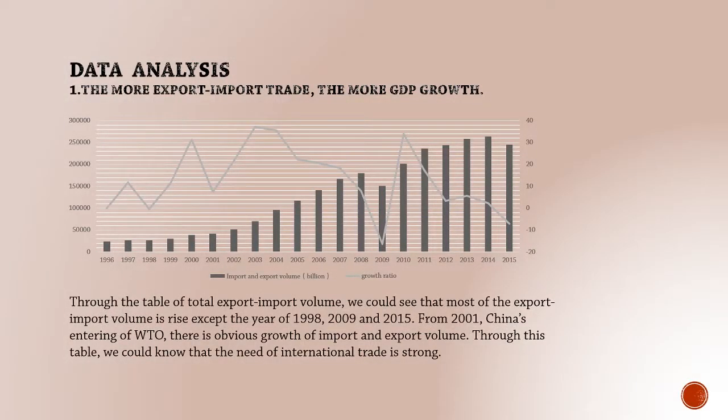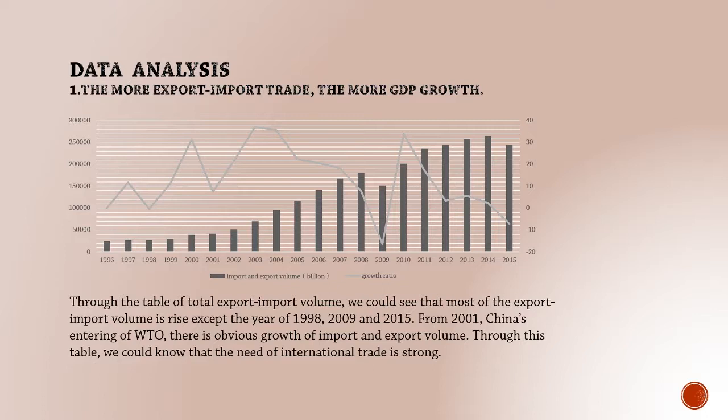Next is data analysis. First, through the table of total export and import volume, we could see that most of the export-import volume is raised except in the years 1998, 2009 and 2015.